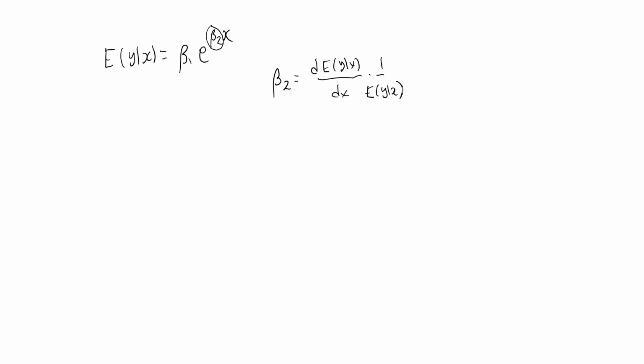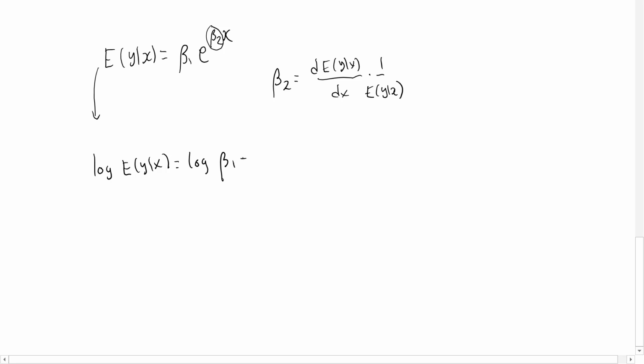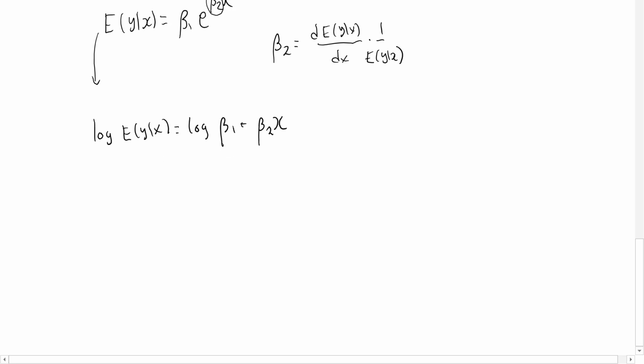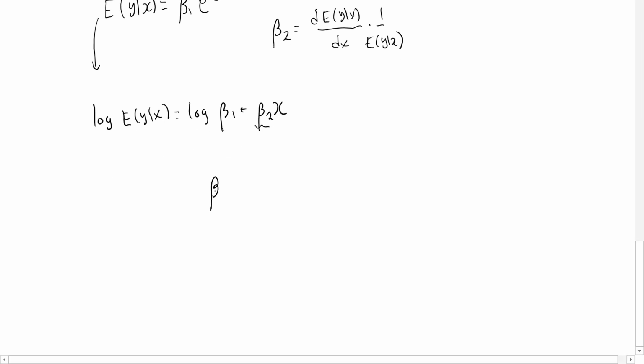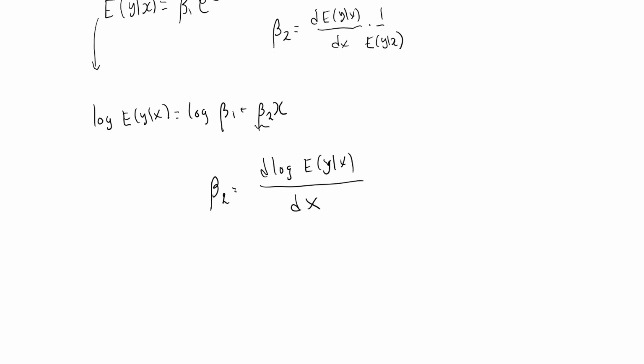If I take log of both sides, I have log of the expected value of y given x is log beta 1 plus beta 2 x. So this beta 2 is simply the derivative of log E[y given x] with respect to x, not log x as in the log-log model. So an alternative interpretation of beta 2 is how much the log of the expected value of y increases when x increases by 1 unit.